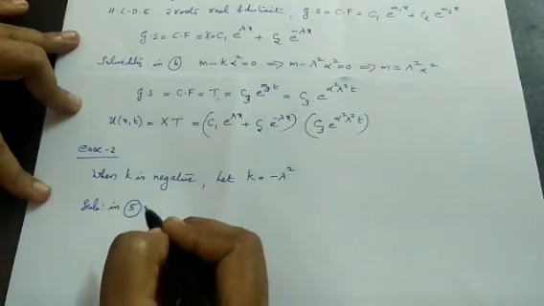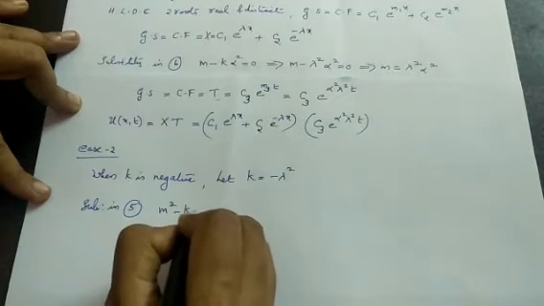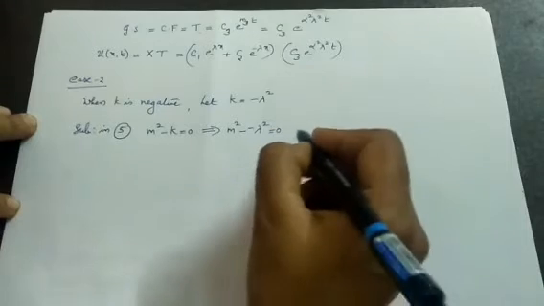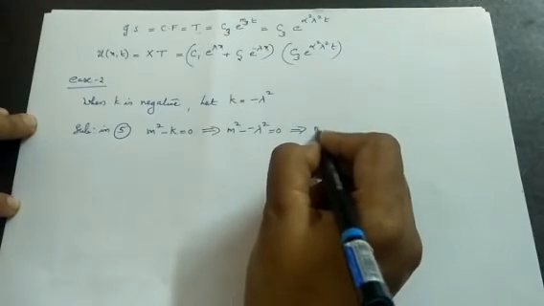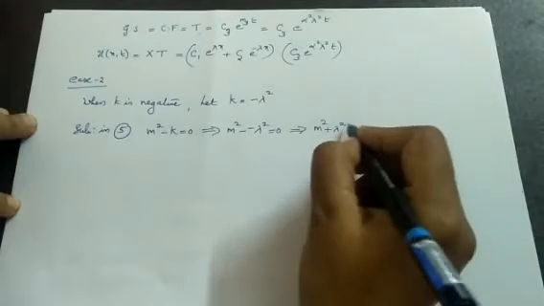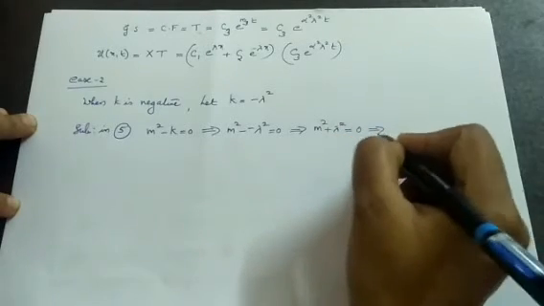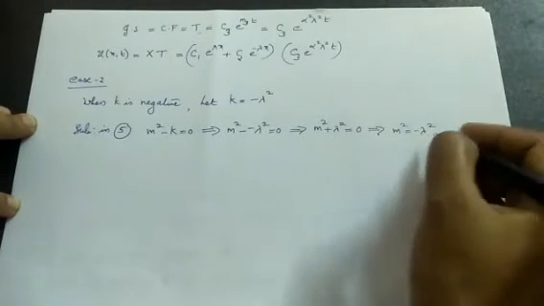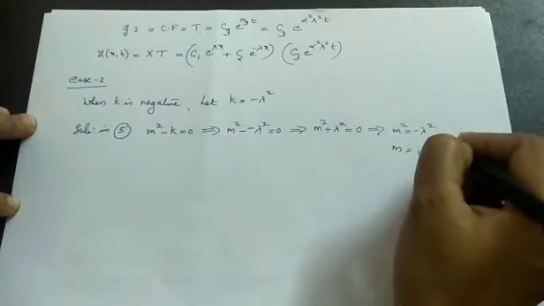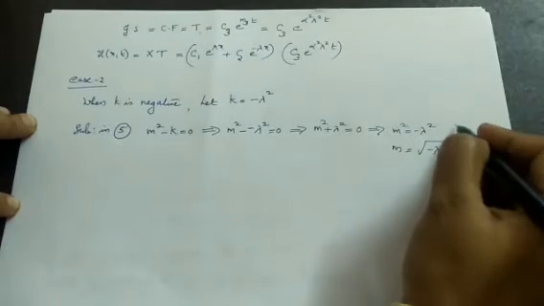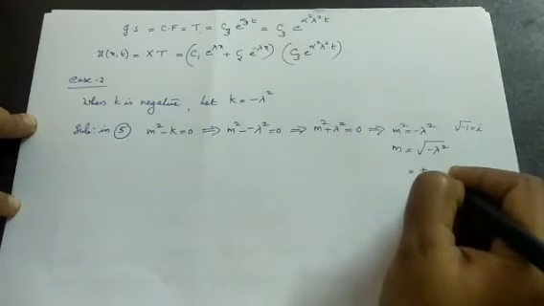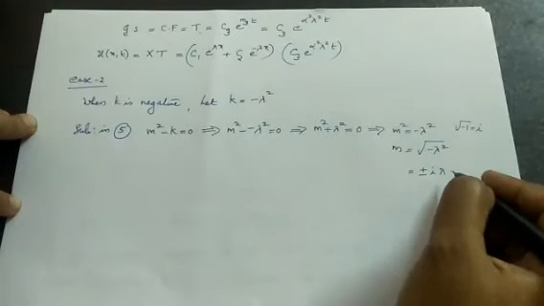Equation number 5 is m square minus k equal to 0, which implies m square minus lambda square equal to 0, which implies m square plus lambda square is equal to 0, which implies m square is equal to minus lambda square, or we have m is equal to square root of minus lambda square. For square root of minus 1 we have i, therefore this is equal to plus or minus i lambda.